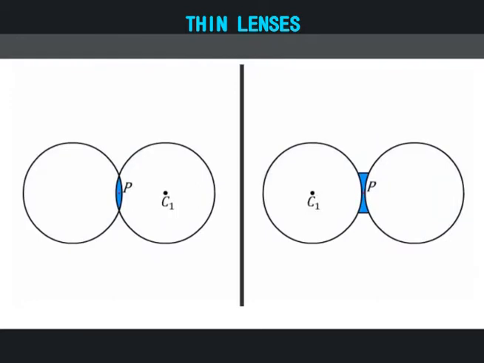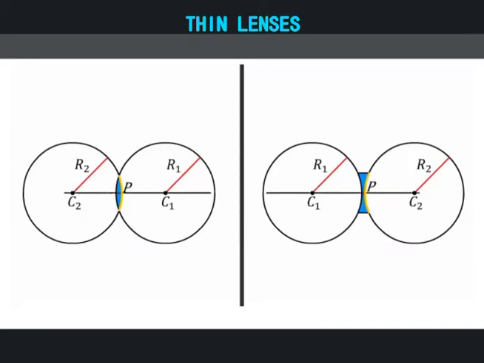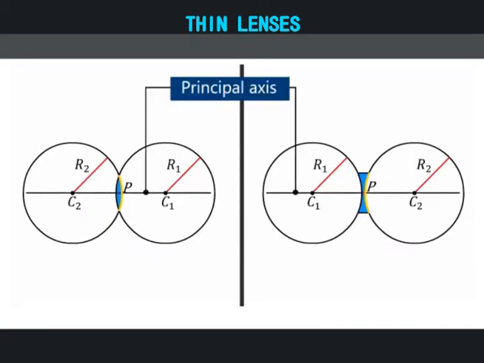C1 is the center of curvature corresponding to the first curved surface, having a radius of curvature R1. And C2 is the center of curvature corresponding to the second curved surface, having a radius of curvature R2. A straight line joining C1 and C2 is the principal axis of the lens.